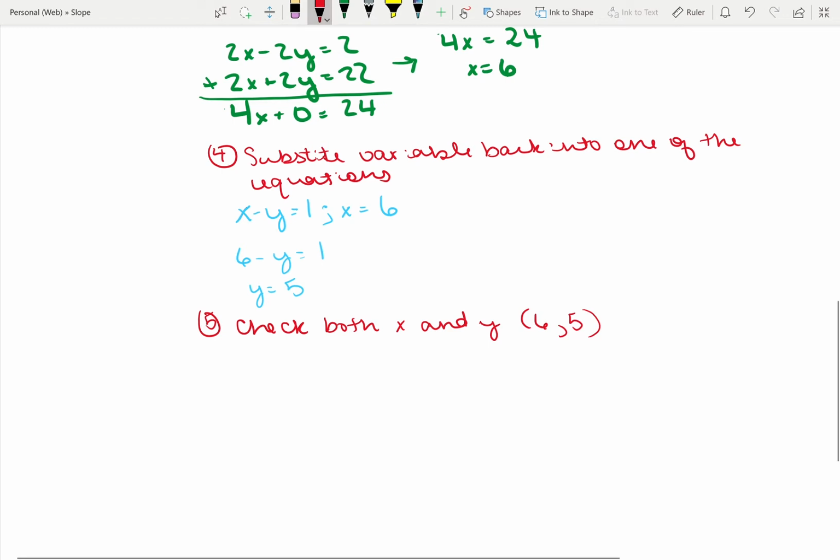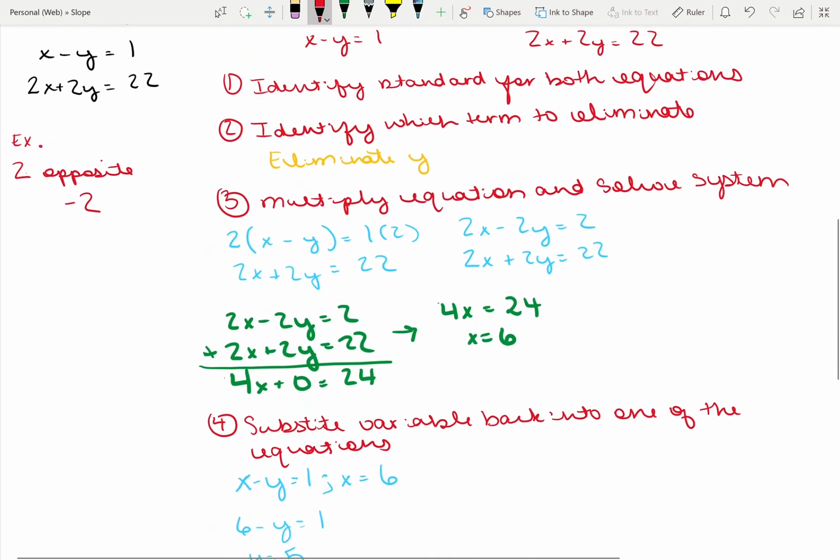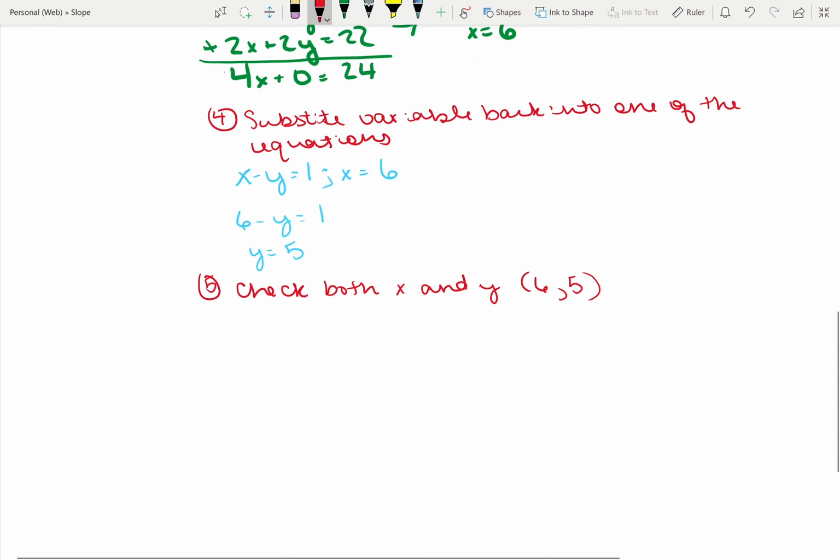So we have x minus y is equal to 1. So we have 6 minus 5 is equal to 1. We find that 1 is equal to 1. So that works. Okay. Next problem.